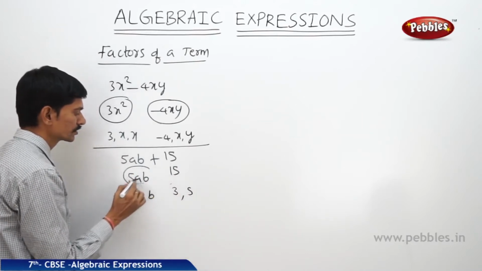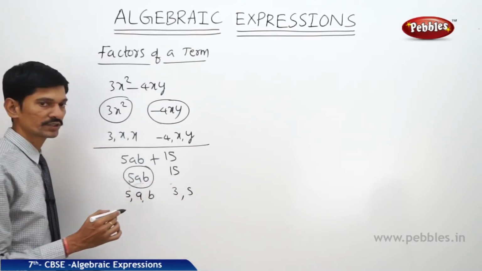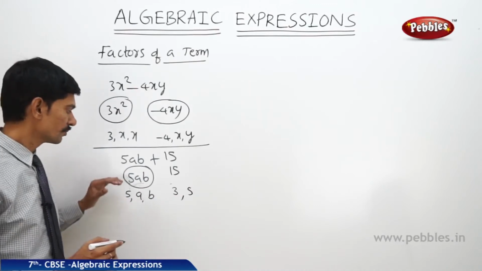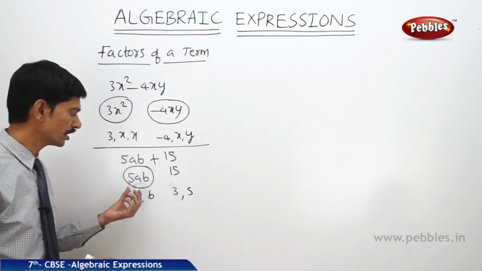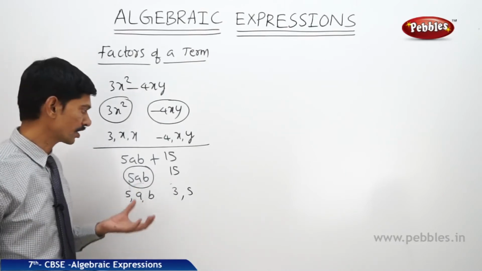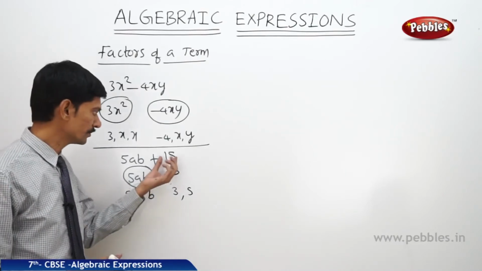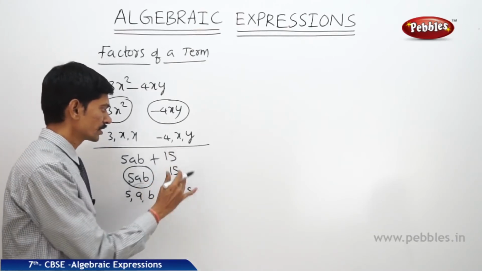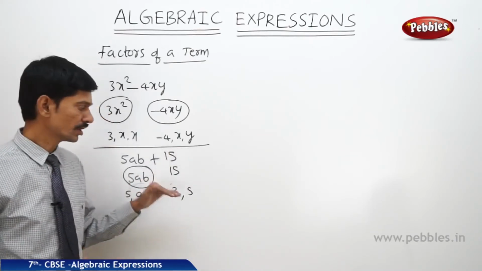So the term of the algebraic expression is formed by the product of the factors of variables and constants. Sometimes a term contains only the product of the variables, and sometimes the term contains the product of the constants.